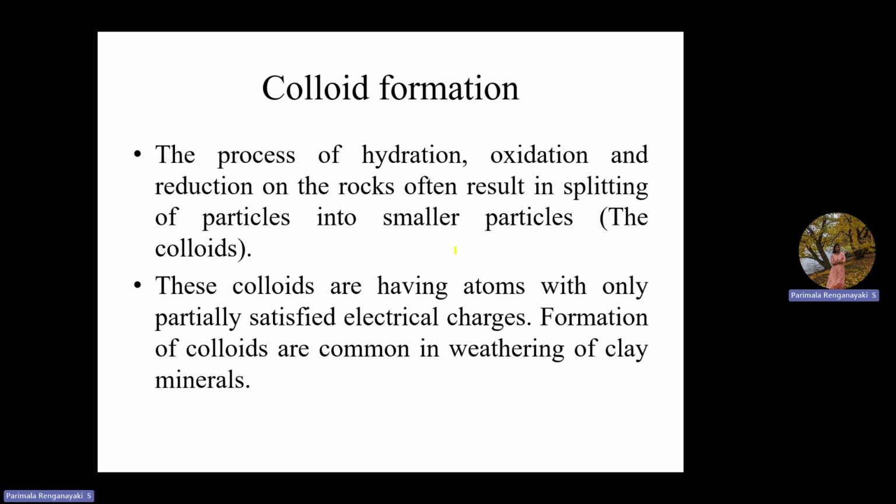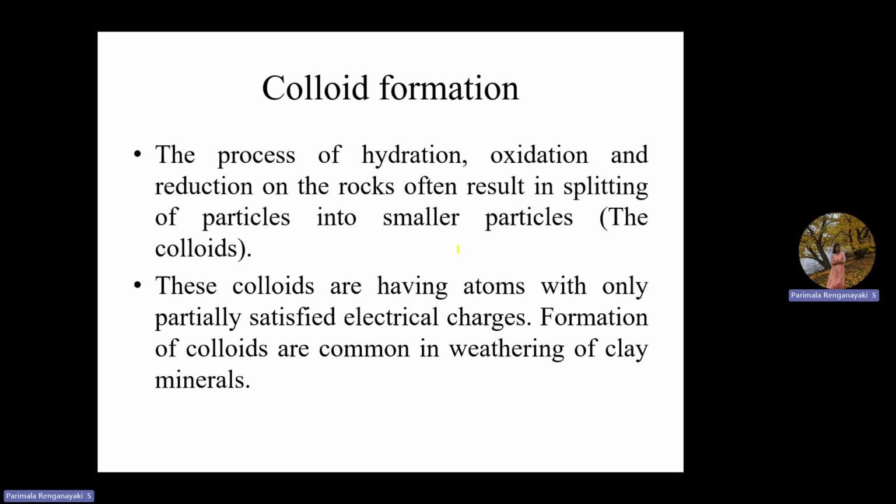The next type of chemical weathering is colloid formation. The process of hydration, oxidation, and reduction on the rocks often results in splitting of particles into smaller particles. What you are seeing now, we already read: hydration, oxidation, and reduction on the rocks.